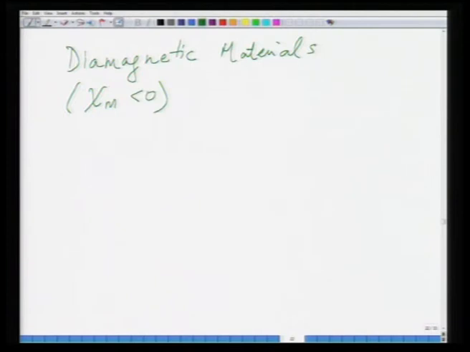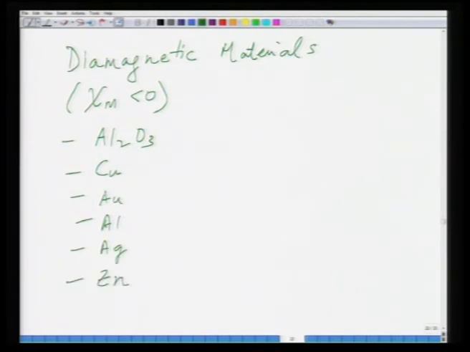So, the diamagnetic materials typically have chi m less than 0. Examples of such materials are ceramics like alumina, you have copper, gold, aluminum, silver, zinc, many other materials.